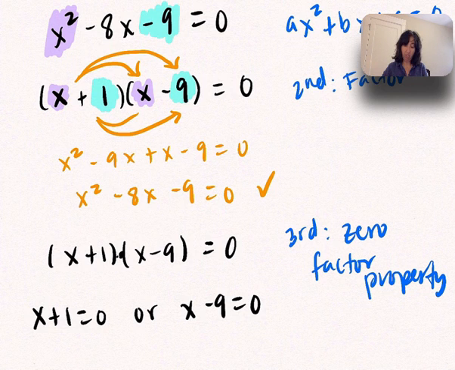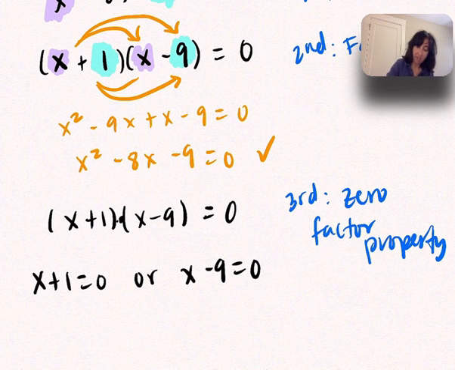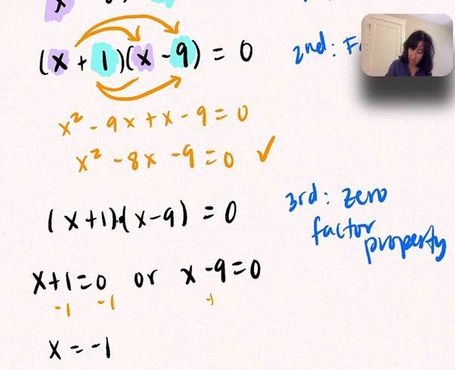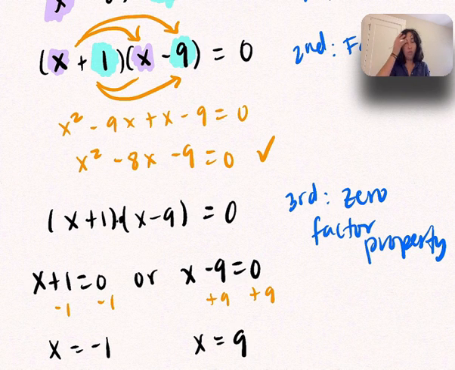Now from there, we can solve each of these equations independently. If I solve for x on the left, I would just have to subtract 1 on both sides to get x is equal to -1. And if I solve for x on the right, I would have to add 9 to both sides to get x is equal to 9. Now these two numbers are our solutions to the original equation.